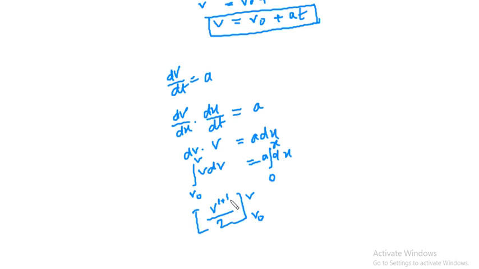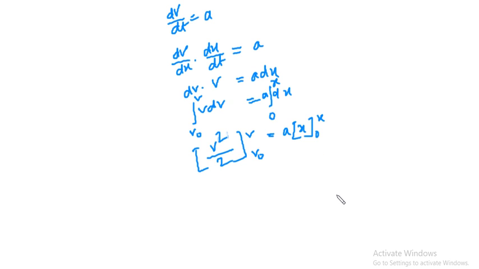So this is v squared by 2 equal to a x, and I have to put the lower limit and upper limit.